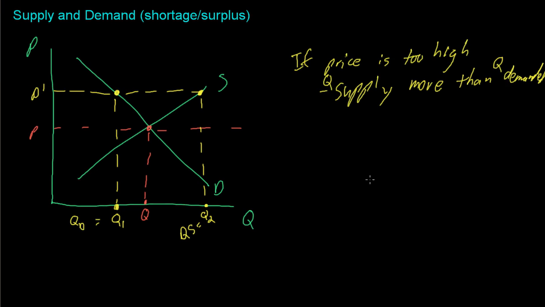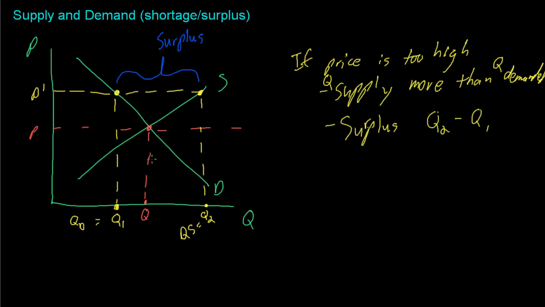And that's what we call a surplus. So in this diagram right here, we would have a surplus of Q2 minus Q1. That would just be the difference between Q2 and Q1, which we could represent by this little area right here. So that would be our surplus.